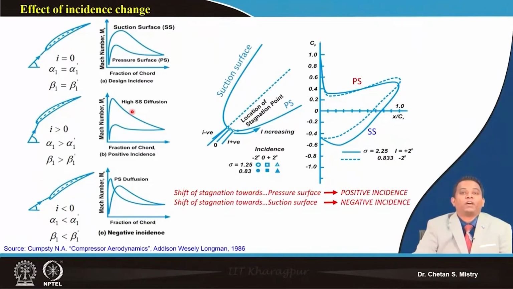When the stagnation point moves towards the suction surface, we define that as a negative incidence angle. And here we have discussed how my CP changes with the change of incidence angle.